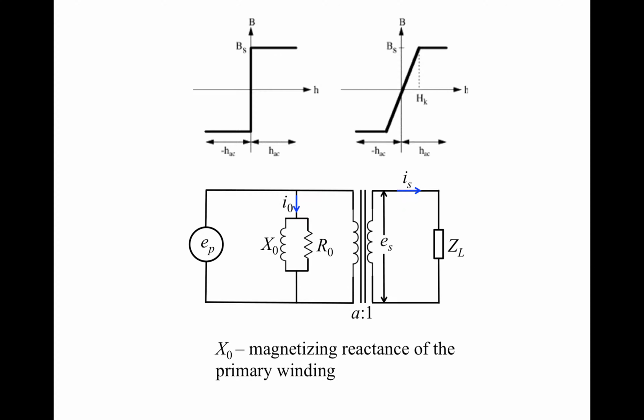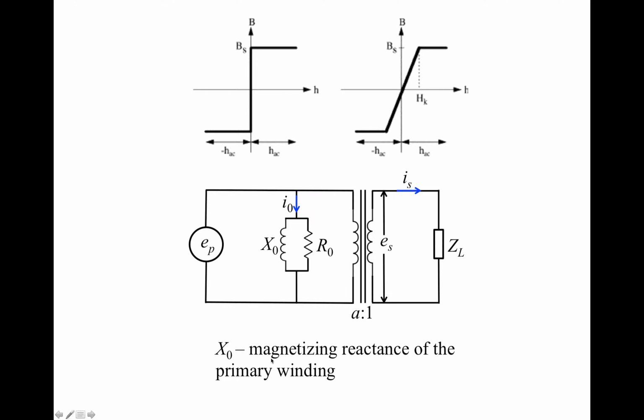So to account for this finite permeability of the core material, we add an inductor with the reactance X0 parallel to the resistor R0. So the current I0 now flows into two branches. A portion of it is used to set up the magnetic flux inside of the magnetic material with the finite permeability, and the remaining part is going to be used to furnish the core losses.